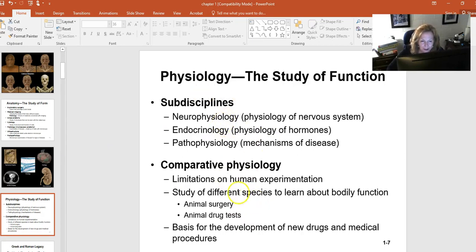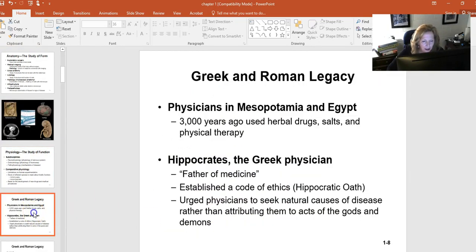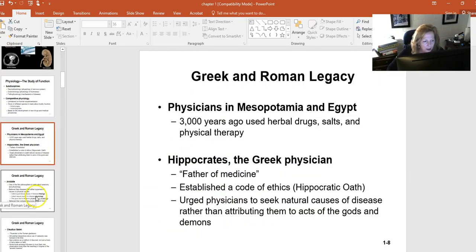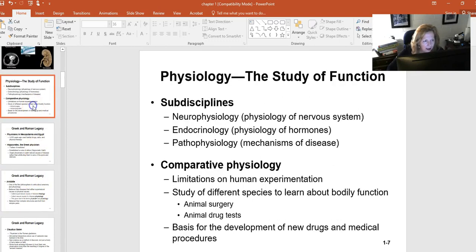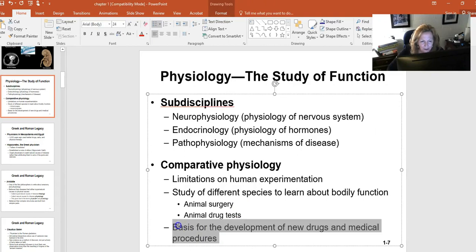There are sub-disciplines. We do use comparative physiology when we're actually studying human anatomy and physiology. We look at other species as well that have very similar types of structures. We use everything we can to study human anatomy and physiology. Comparative physiology is also the basis for new drugs and medical procedures.